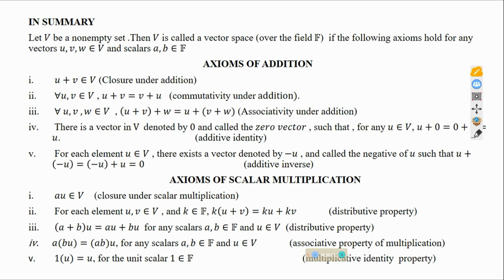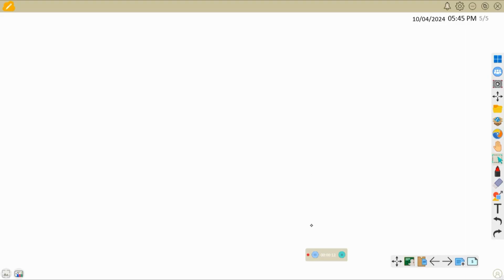Finally, we need to show that 1 times u is the same as u for the unit scalar 1 picked from F. That is axiom 10. So we need to show that 1 times x is the same as x.